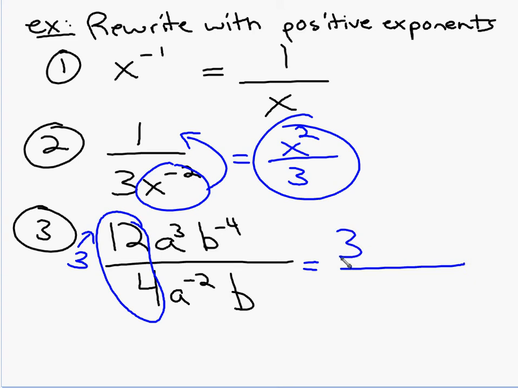Now, I've got these a's that I need to deal with. There are two ways to think of it. You could do the subtraction thing, 3 minus a negative 2. That's one way to tackle it. In this case, it works out kind of nice. 3 minus a negative 2, isn't that a to the 5th? That's one way you could deal with those a's.